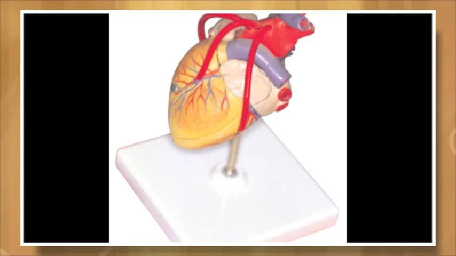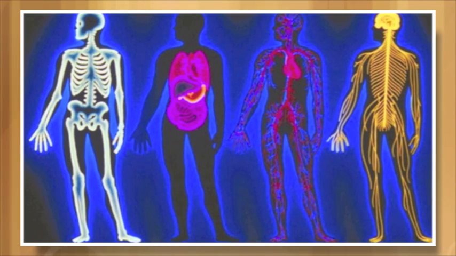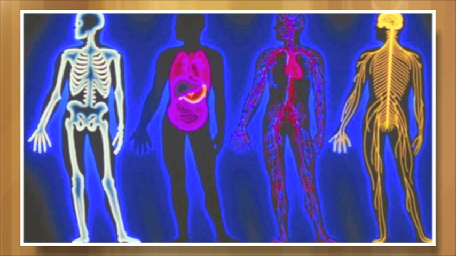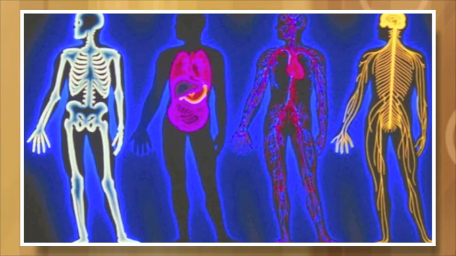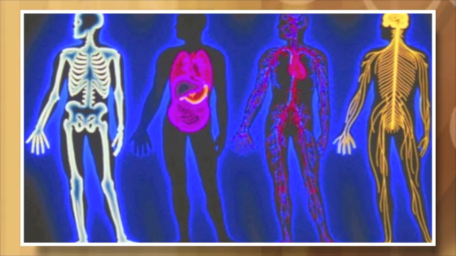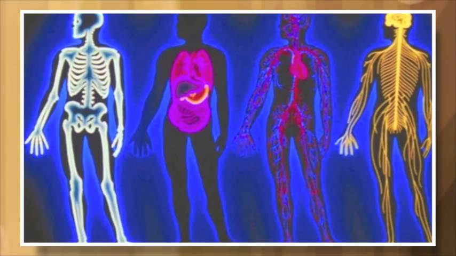After that, it returns via the pulmonary vein into the left atrium, through the mitral valve, down into the left ventricle. It then goes up through the aortic valve and out the aorta to the rest of the body, where oxygenated blood and nutrients will now support the entire physical anatomy and physiology.